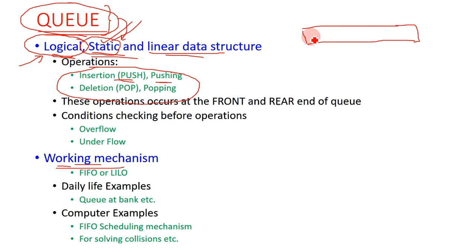There are two sides of the queue. One is called the front end and another side of the queue is called the rear end. In stack there was only one side from which you can do both the insertion and deletion, but in queue there are two sides.